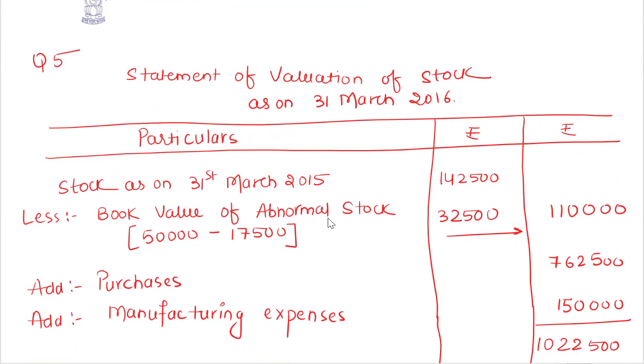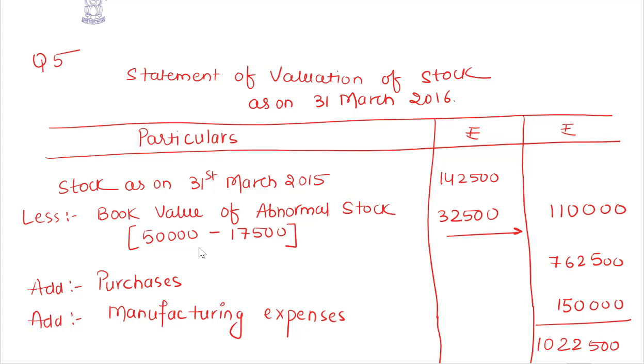Try to understand the question once again. Statement of valuation of stock as on 31st March 2016. What we did here is, we listed the stock as on 31st March 2016. The previous year stock is given in the question.